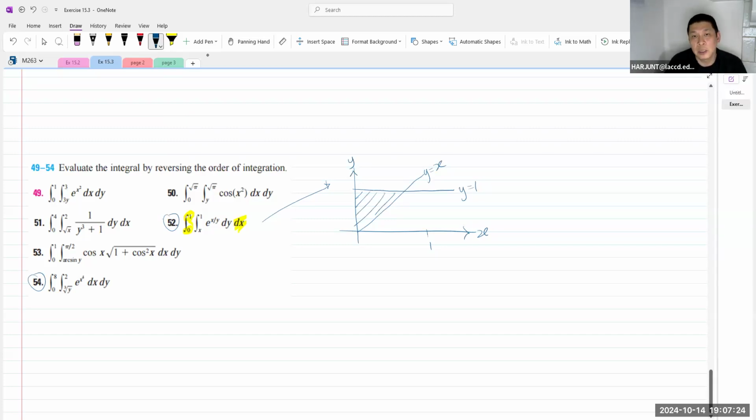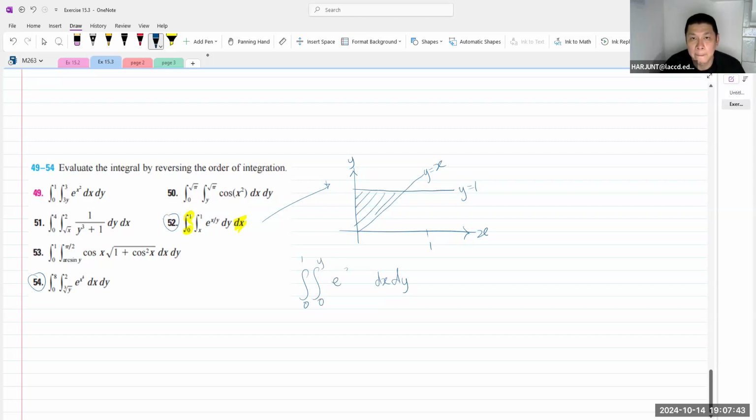So if we reverse the order of integration, that will be dy on the outside, dx on the inside, right? Okay, and y will be from 0 to 1, dx will be from 0 to y.